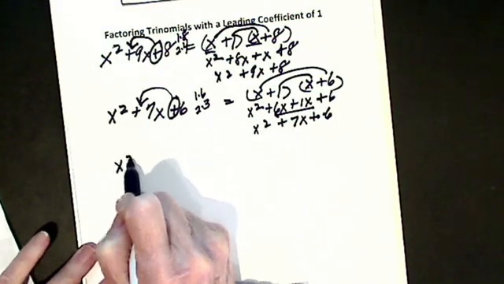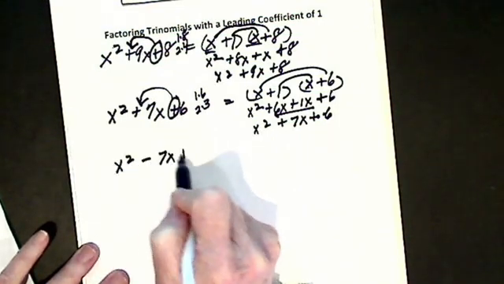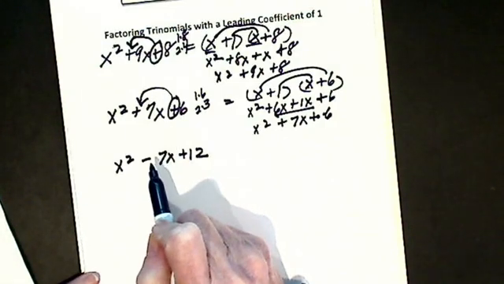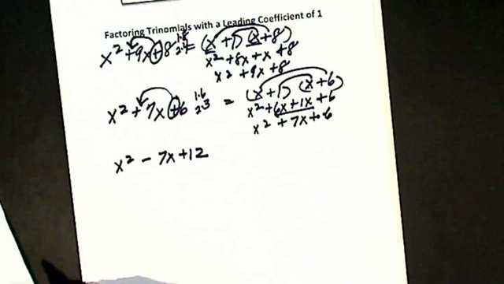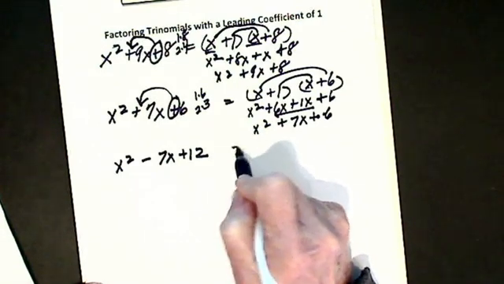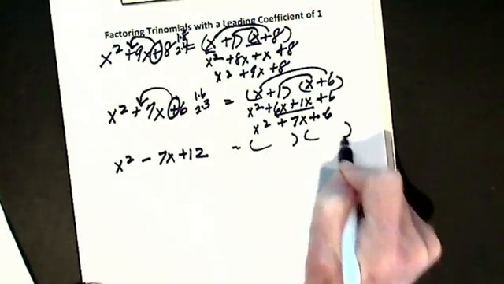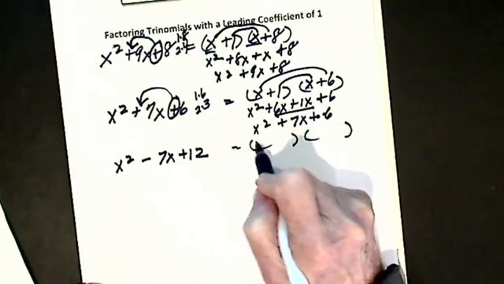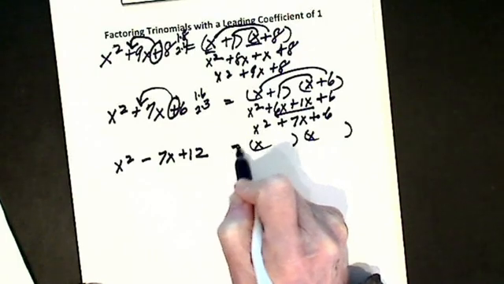Let's say I have x squared minus 7x plus 12. So now I have a minus in the middle. So here we go. I want two sets of parentheses that multiply together that give me this. I'm going to have x and x.